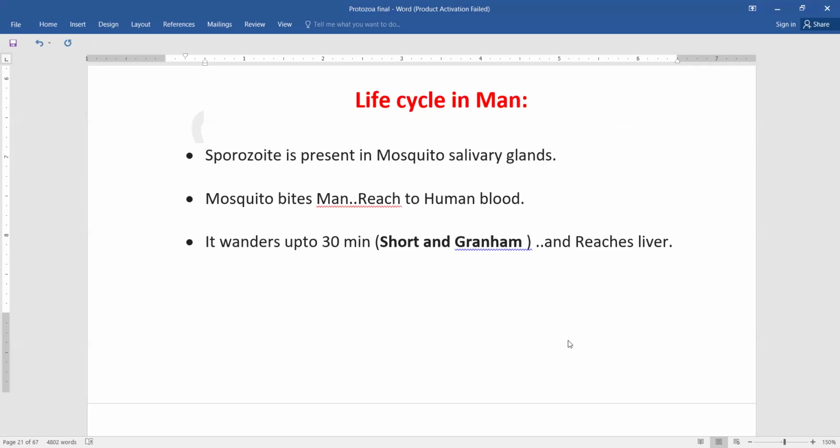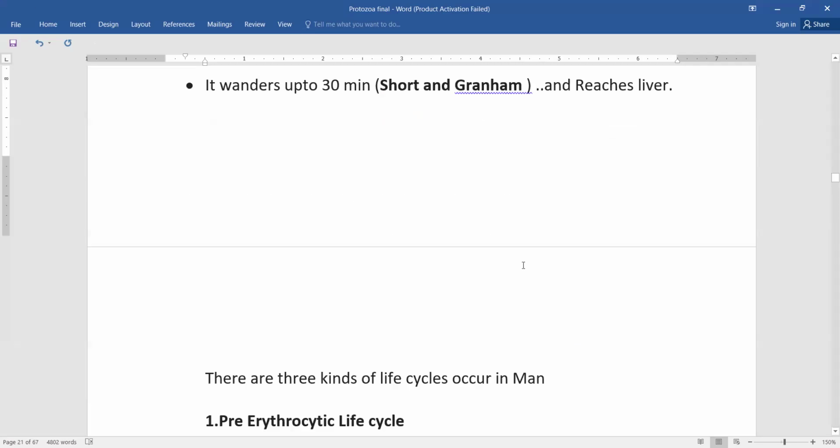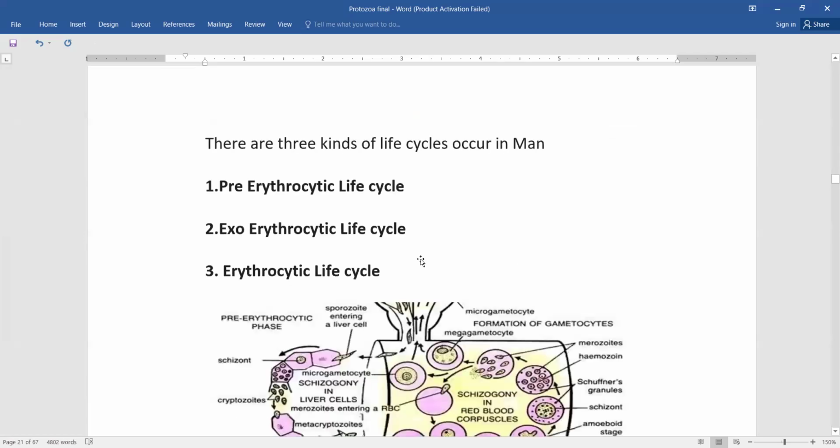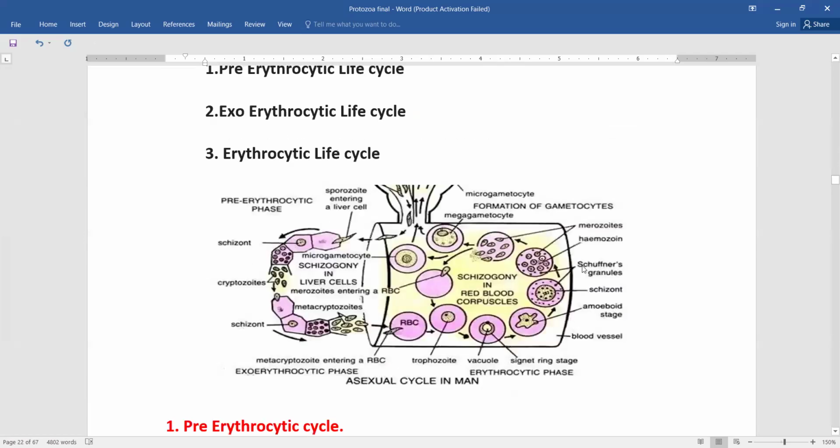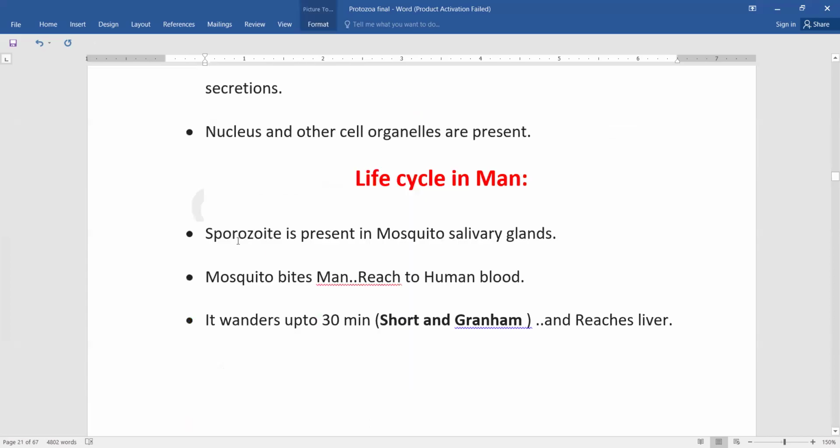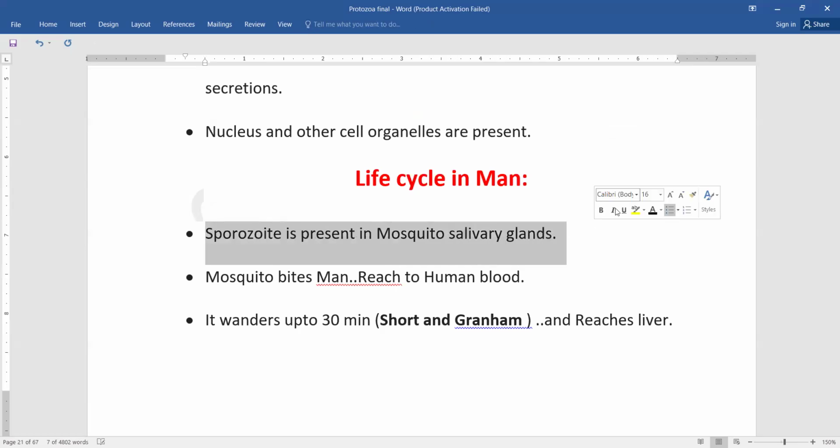Anyway, first the life cycle in human. Let's see this diagram. First of all, these three points. Sporozoite is present in the mosquito salivary gland. ఇది గుర్తుంచుకోవాలి.